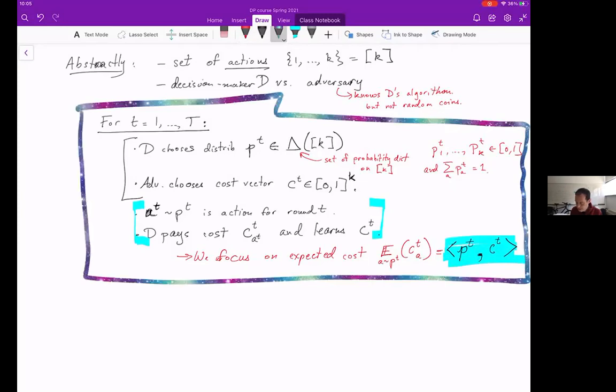Okay, so here's our basic game. This goes on for T rounds, and then at the end, the total cost paid by D is the sum over time steps t of these realized costs, what D actually paid.